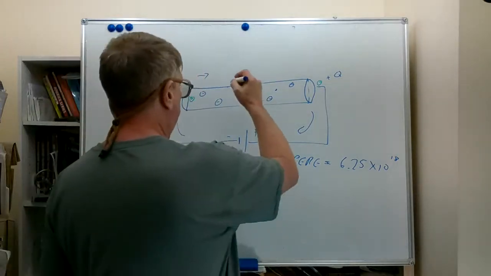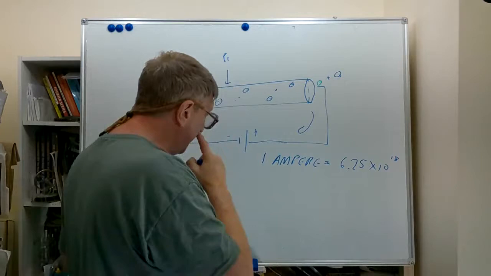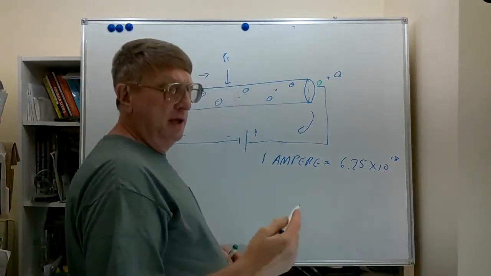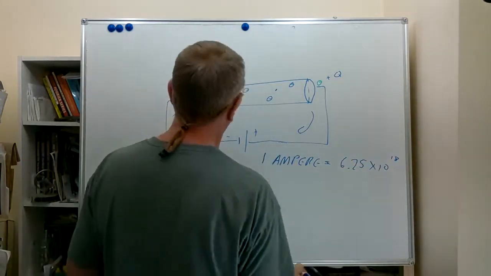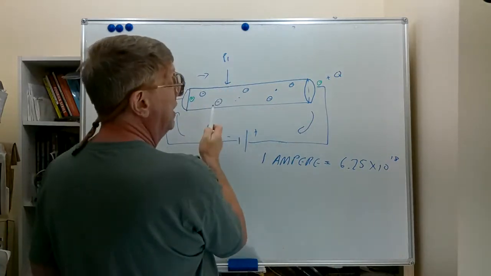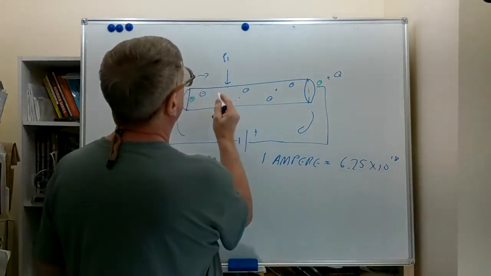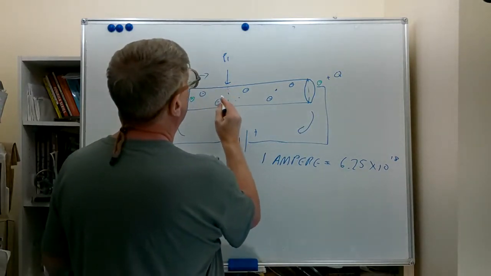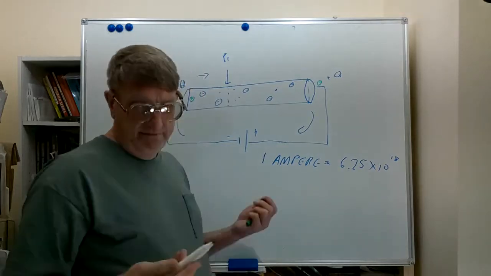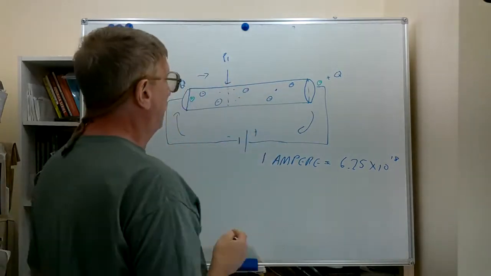So we'll just put a little arrow here and we'll call this point 1. If we have 1 ampere of current, which we often call amps, flowing in this wire, 6.25 times 10 to the 18th electrons will move from this side to that side of that line that we have put in here next to point 1 in 1 second.